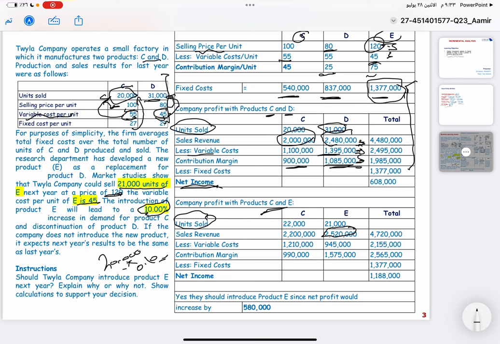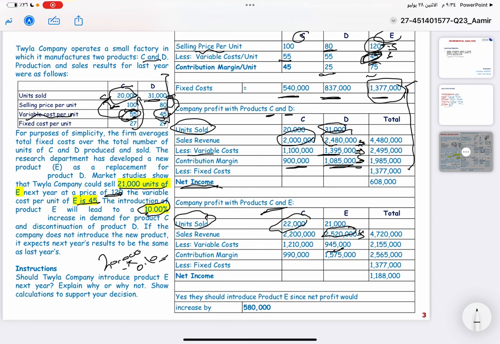Variable cost for C, we multiply the 55 by the new units, 22,000. And for E, the same thing: 45 multiplied by 21,000 to get 945,000. Okay.